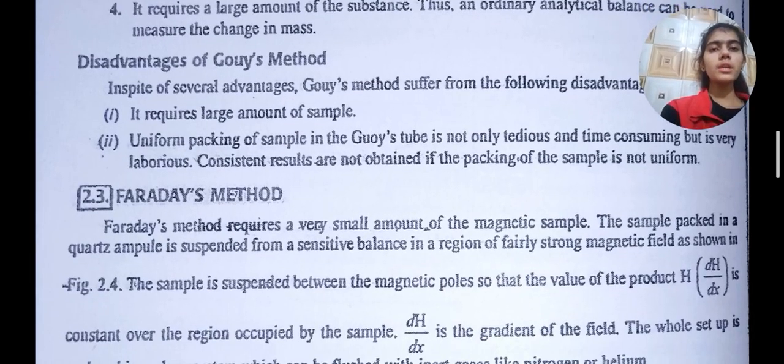The second method for determining the magnetic susceptibility is Faraday's method. Faraday's method requires a very small amount of the magnetic sample. The sample packed in a quartz ampule is suspended from a sensitive balance in a region of fairly strong magnetic field, as shown in figure 2.4.